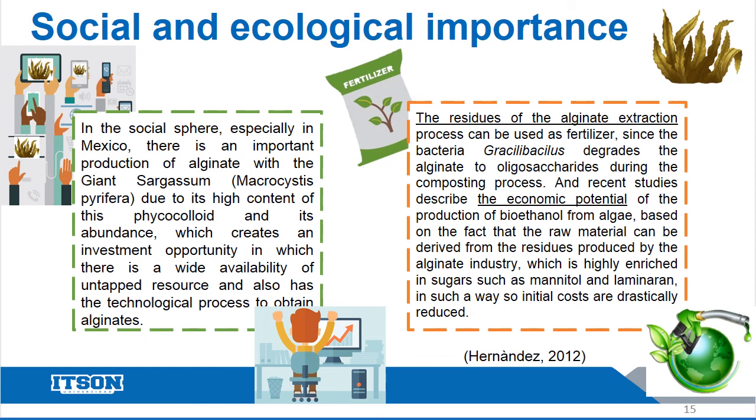Recent studies also describe the economic potential of the production of bioethanol from algae, based on the fact that the raw material can be derived from the residues produced by the alginate industry, which are highly enriched in sugars such as mannitol and laminarin, in such a way that initial costs are drastically reduced.